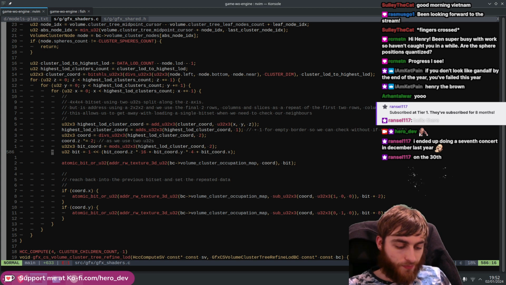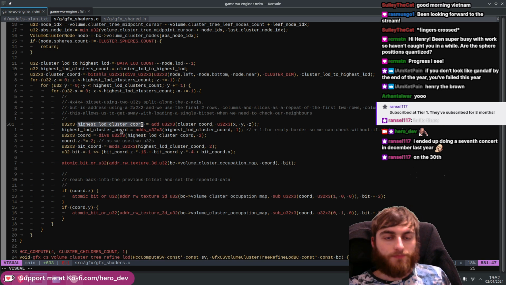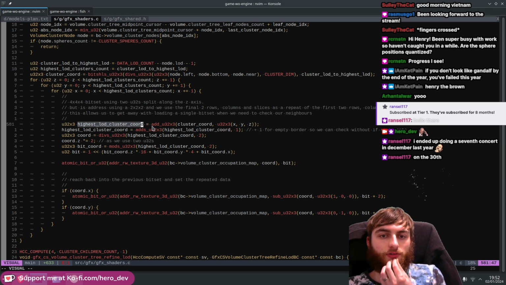Yeah. So highest LOD cluster coordinate. So it's the cluster coordinate just in cluster space at that level of detail. Oh no, the highest level of detail.